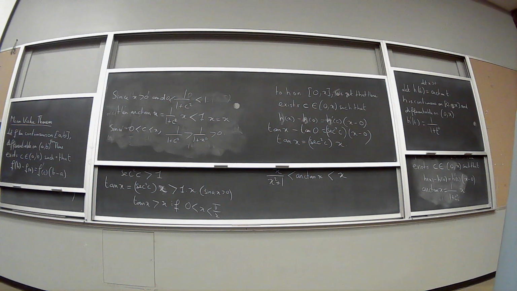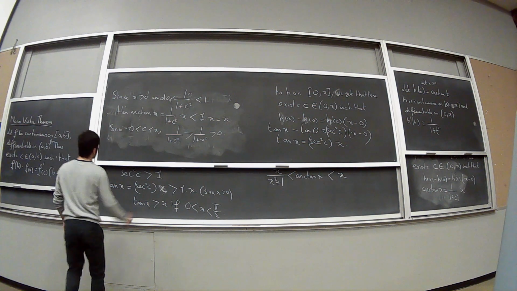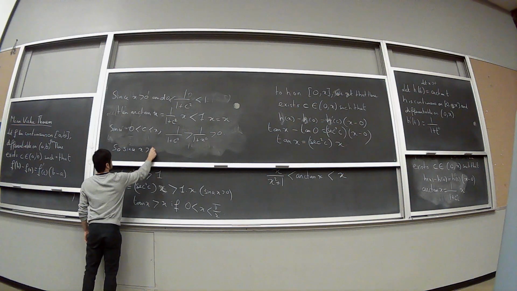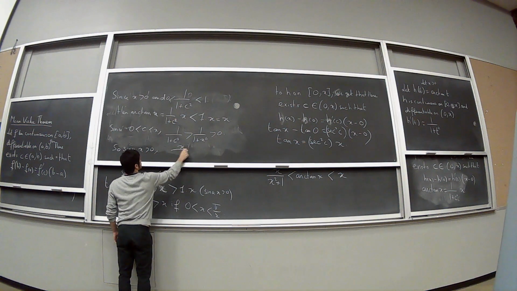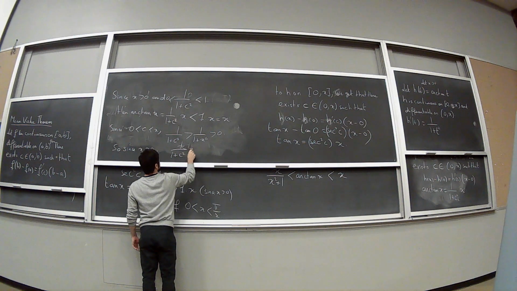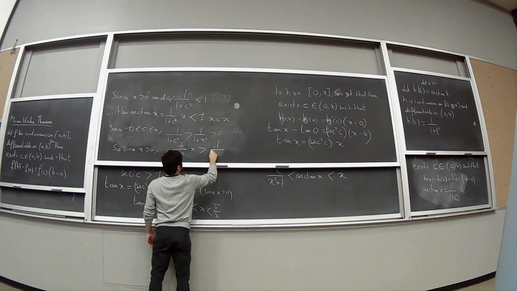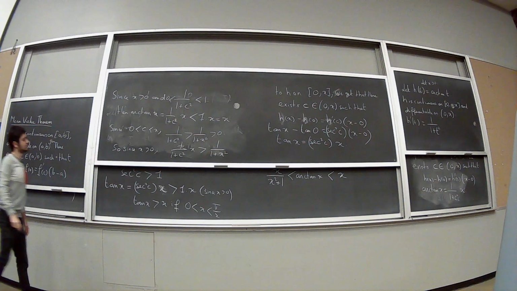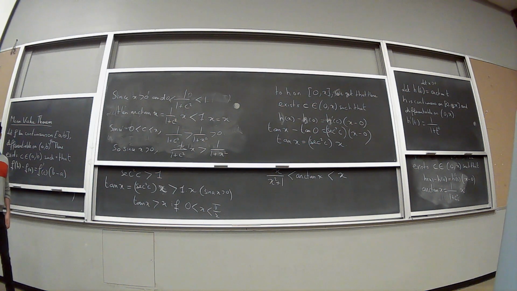Is that good? Okay, so c is between 0 and x, so since x is positive, you have that 1 over 1 plus c squared times x is bigger than x over 1 plus x squared. I multiplied both sides by x. Agree or not? Now, what is the left-hand side?